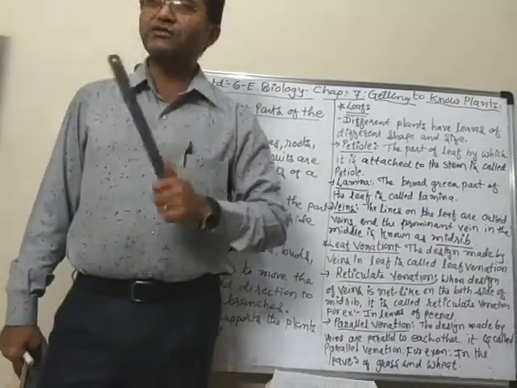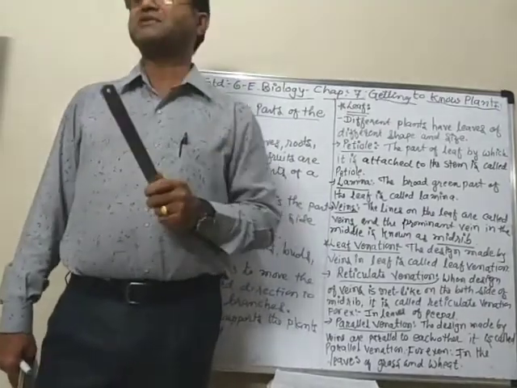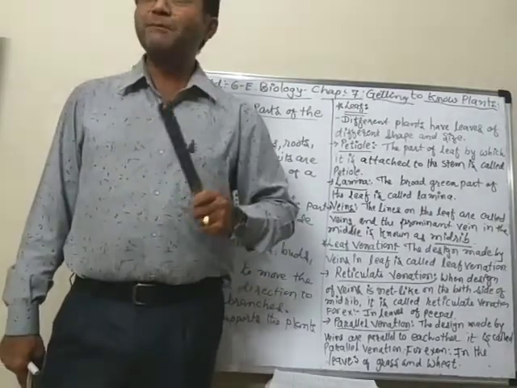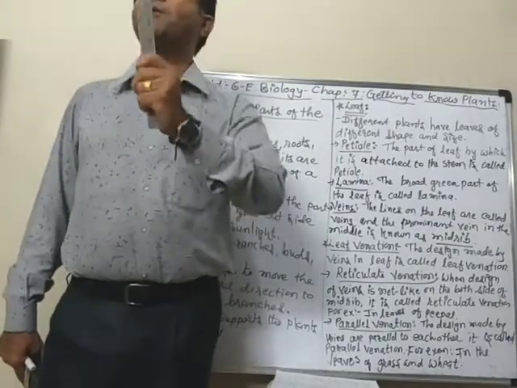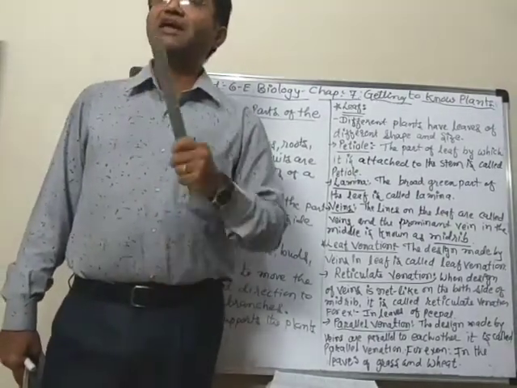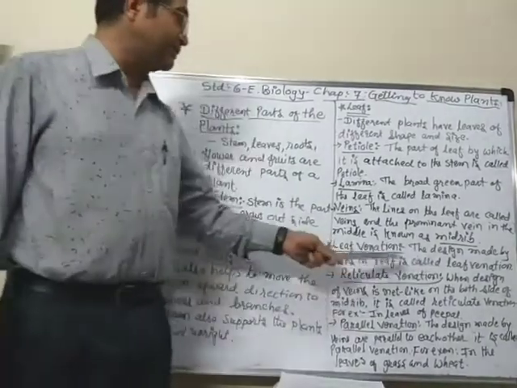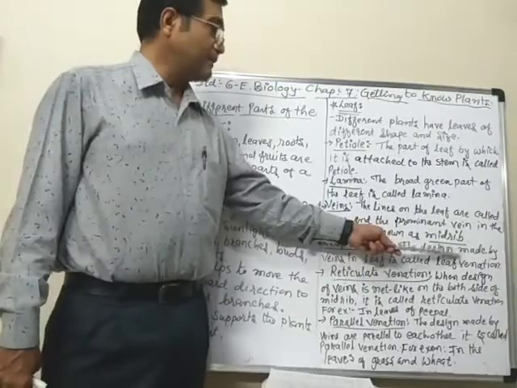If you observe them very carefully, in the leaves of all plants, in the middle there will be a prominent, dark, thicker vein, and that thicker middle vein is known as the midrib.